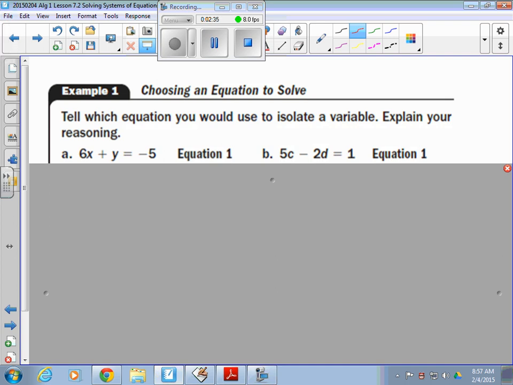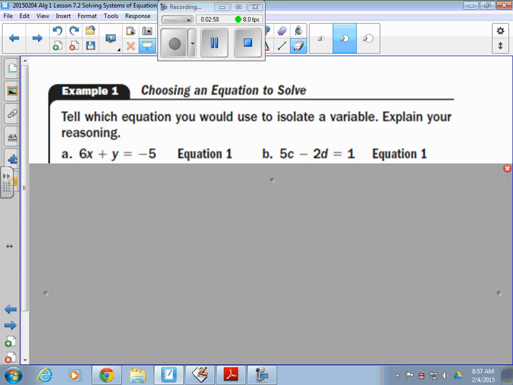The one you would want to isolate out of 6x and y would be y, because for 6x, if you moved y over, you would still have to divide by 6 to get x by itself. If you just move 6x over, though, all you have to do is subtract 6x to get y by itself. So you're going with the easier one.